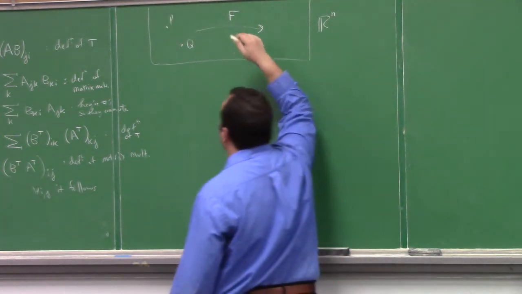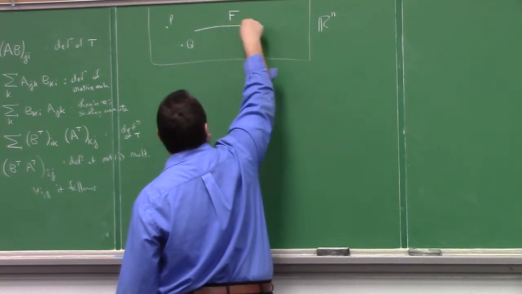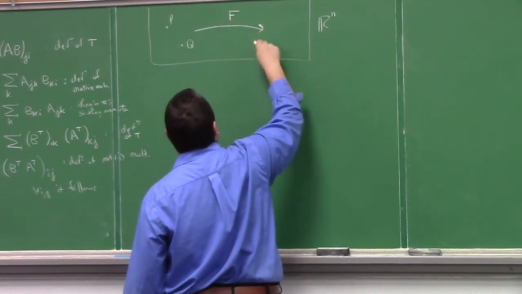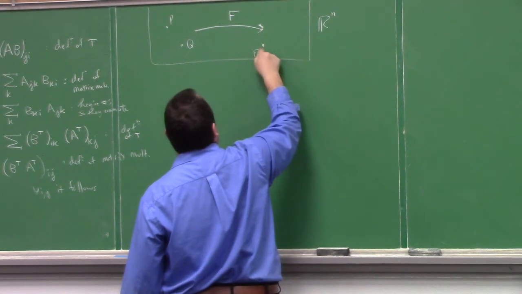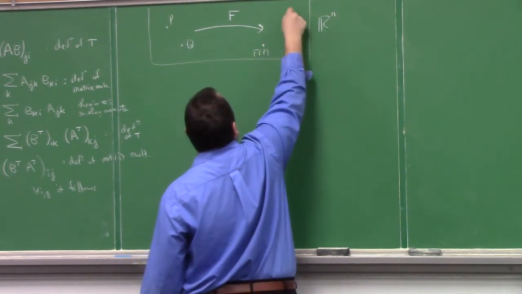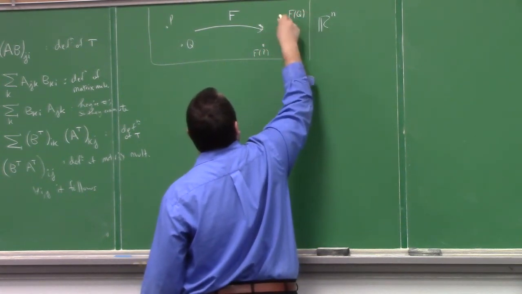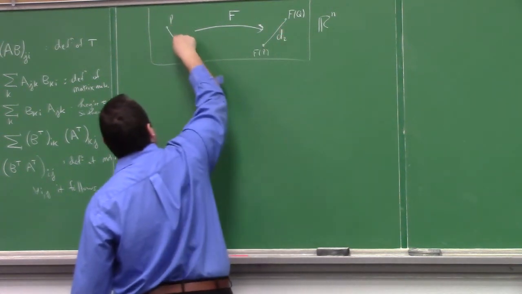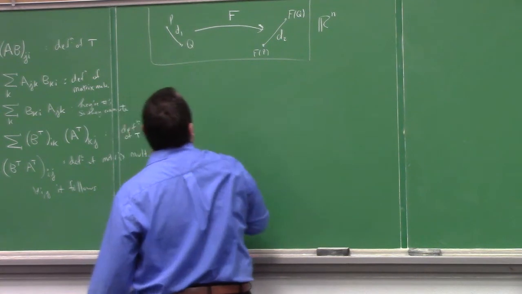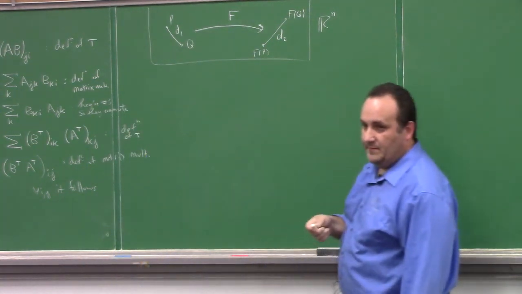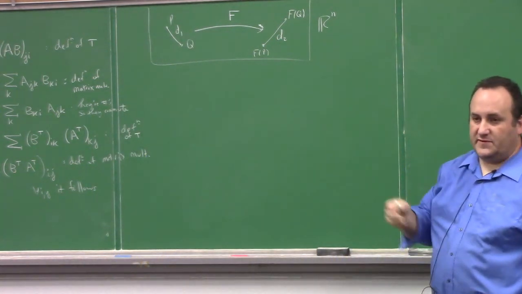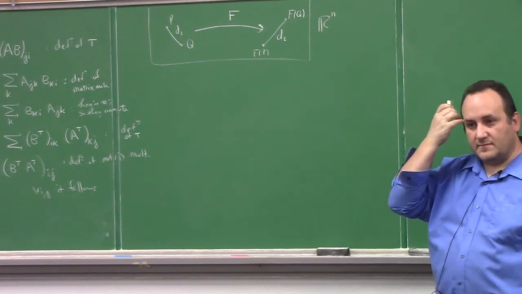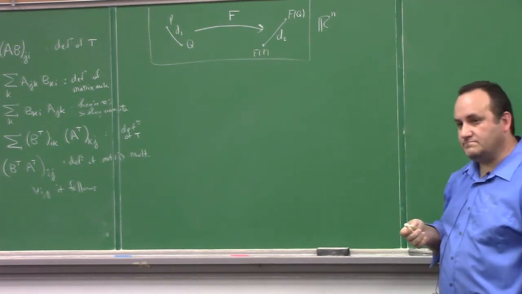Think of the Rn in the domain and the target being the same Rn. Then whatever this goes, this distance and this distance have to be equal for an isometry. It preserves the distance between points before and after the mapping. Okay.